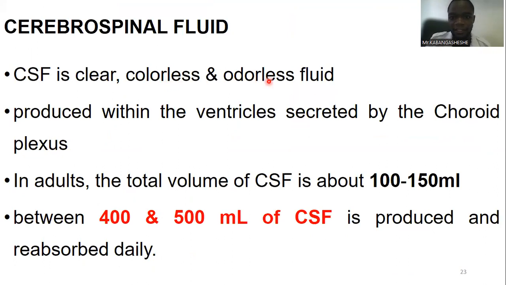Neither does it have any odor. Now, at the outset, we must know that CSF is a product of blood, more like glomerular filtration. Equally here, filtration occurs, but not as elaborate as in the kidneys.